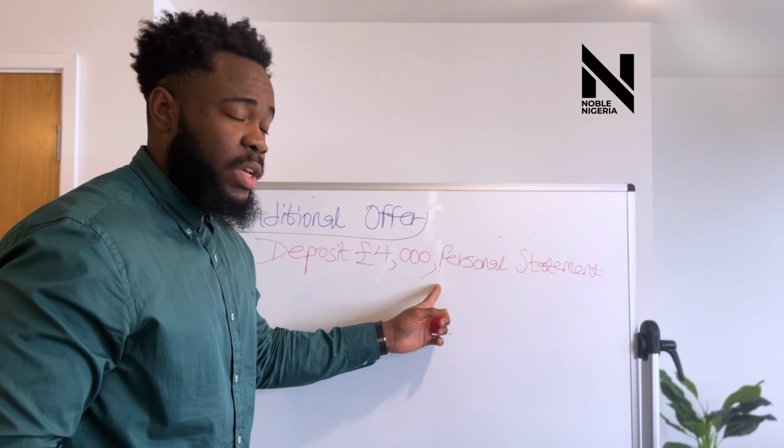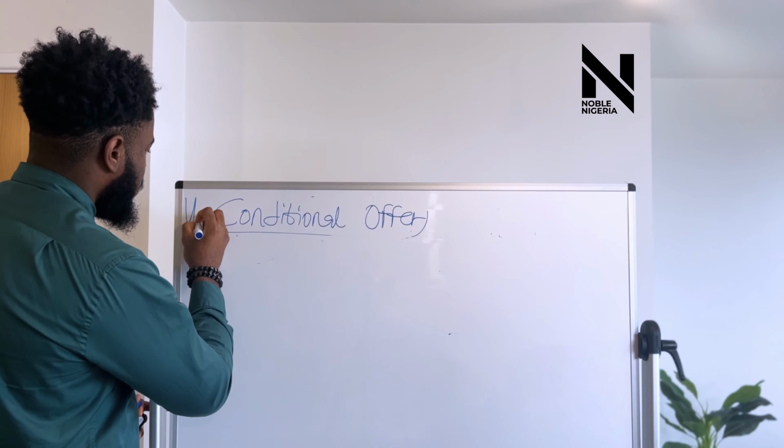So when you've paid this fee of £4,000, and when you've given them your personal statements, you've done this. At this point, the next email you're going to receive will be an email making your offer unconditional.